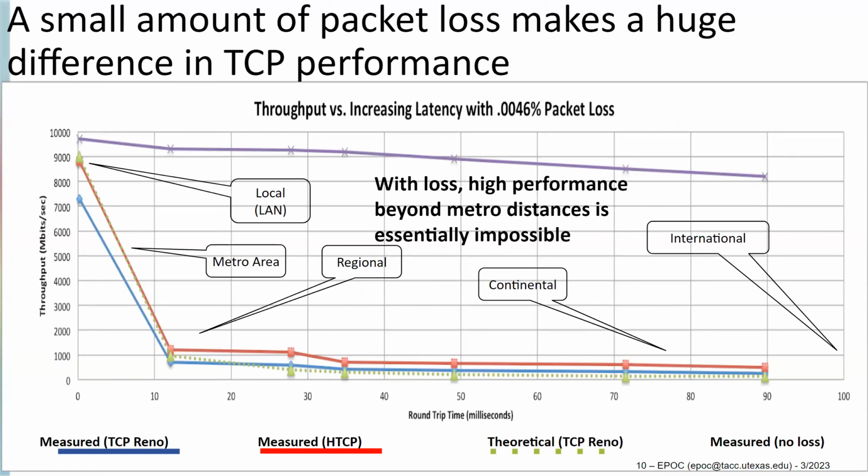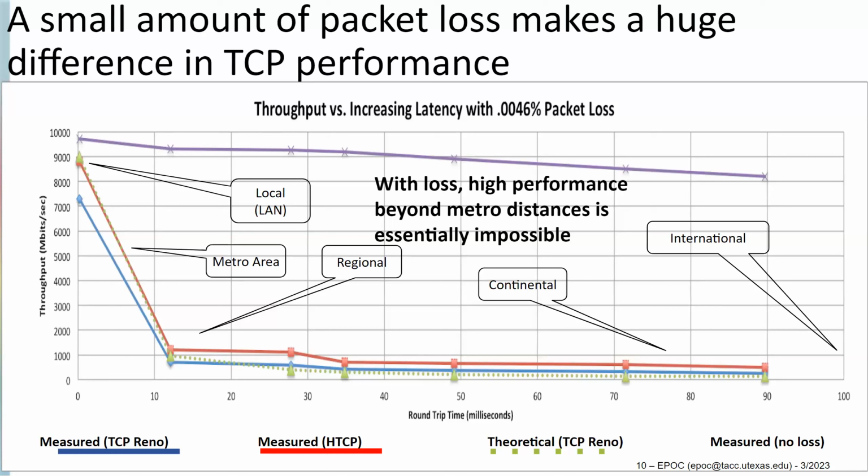But once you get out of your local area, you get into the regional area where you're 10, 15, 20 milliseconds out, an incredibly small amount of packet loss, in this case we're talking about 0.0046%, has an incredibly detrimental effect on throughput. We're down to a gig, basically, once we're out past 12, 13 milliseconds, down from 10 gigs.